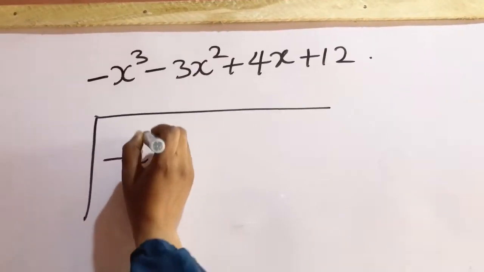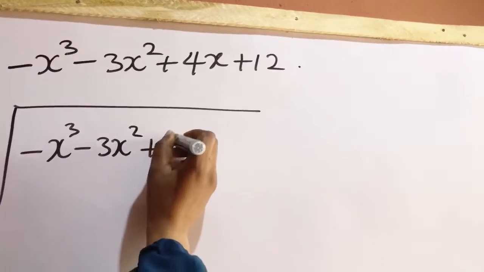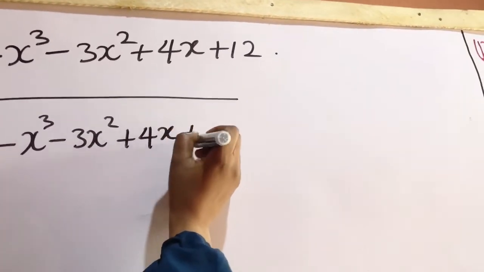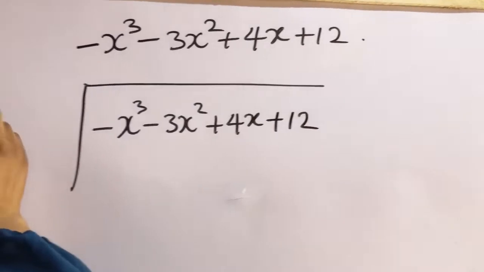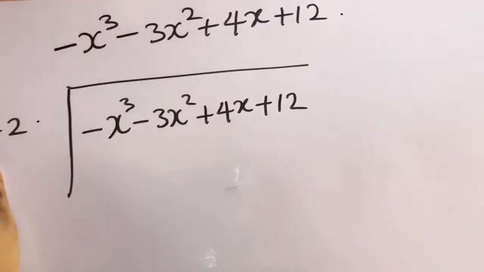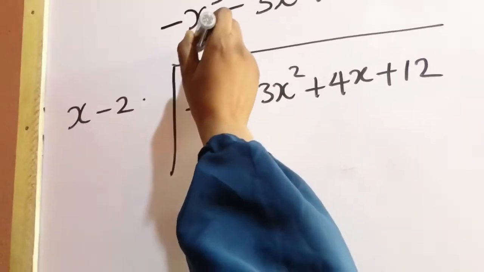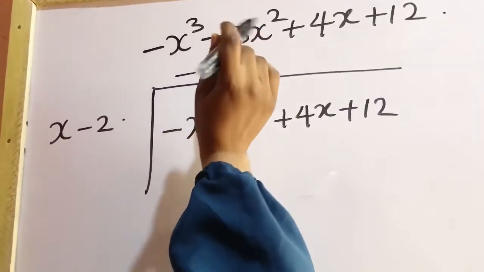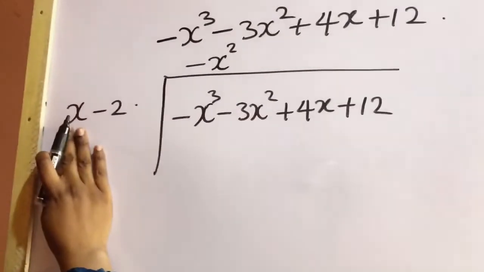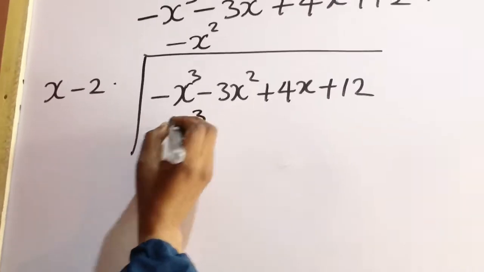Minus x cubed minus 3x squared plus 4x plus 12, then divided by x minus 2. Now, use the first term of the divisor to divide the first term of the dividend, which gives minus x squared. So minus x squared multiplied by x gives minus x cubed.